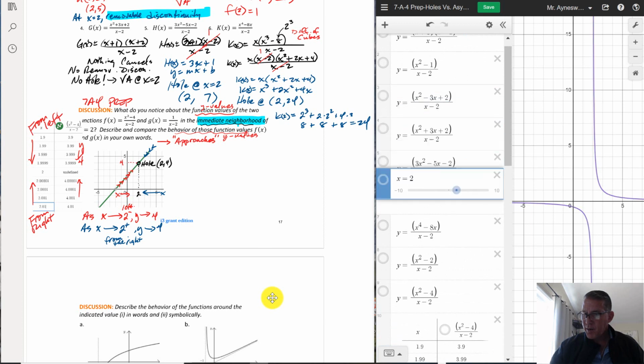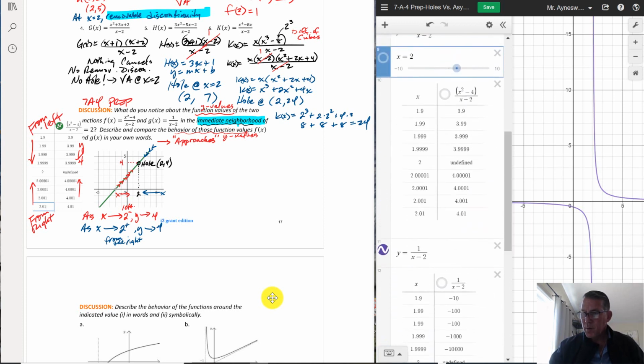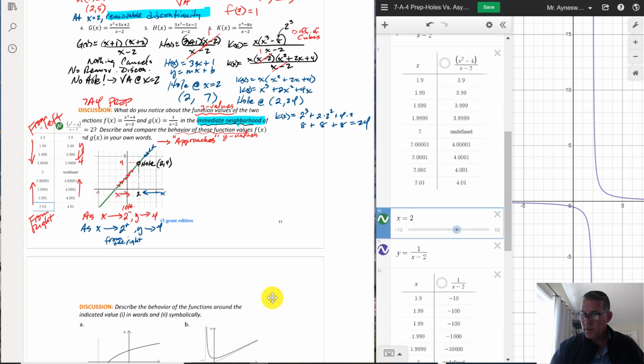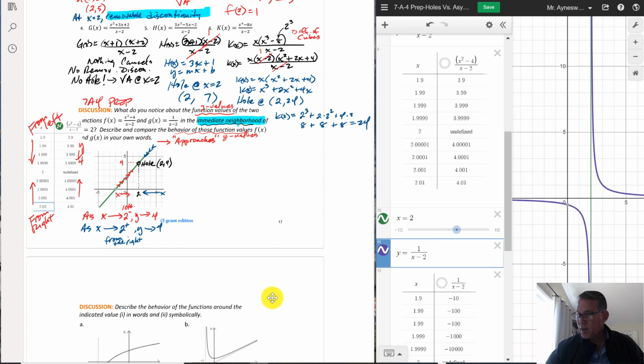I'm going to bring this one down here so I can use it. I'm going to turn this vertical line on. On this green vertical line, you can see how it's asymptotic going up to positive infinity and asymptotic going down to negative infinity, asymptotic to the line x equals 2.